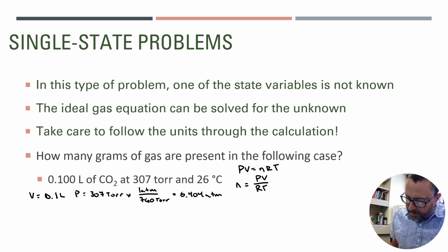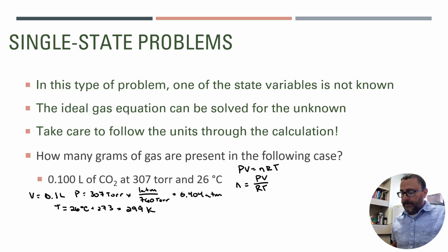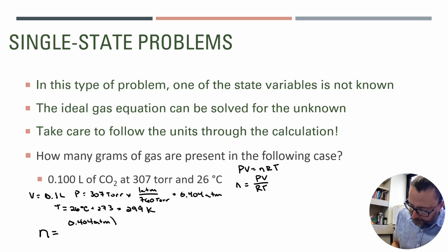And then I've got my temperature as 26 degrees Celsius, but we got to add 273 to that. That is 299 Kelvin. Now we can plug in. So we have n is equal to 0.404 atmospheres.